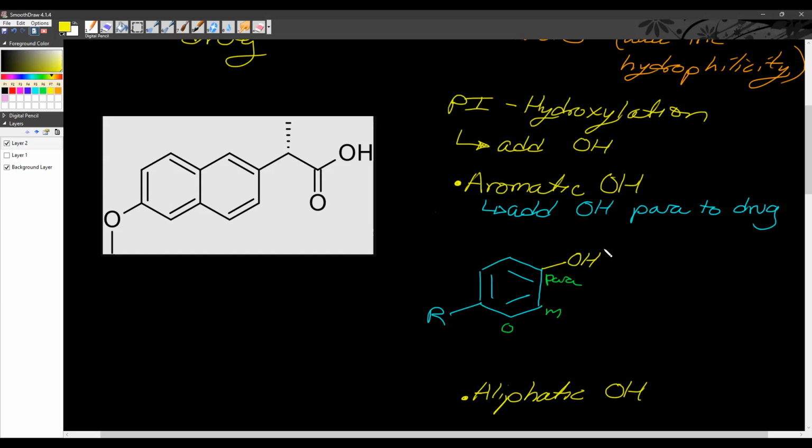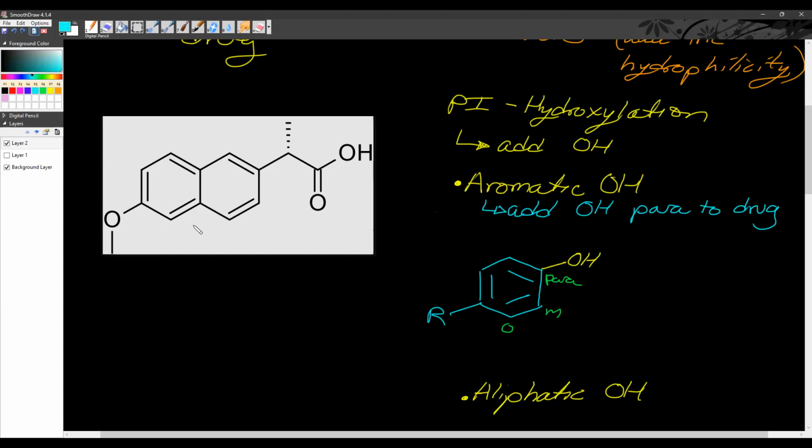Now, if we look in naproxen, for example, we have this methoxy group, this ether, and para to the methoxy group is occupied. So can it insert an OH here? No. How do you identify the para position? It's always relative to whatever else is going on.